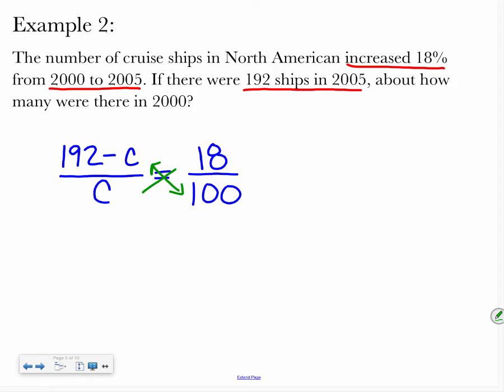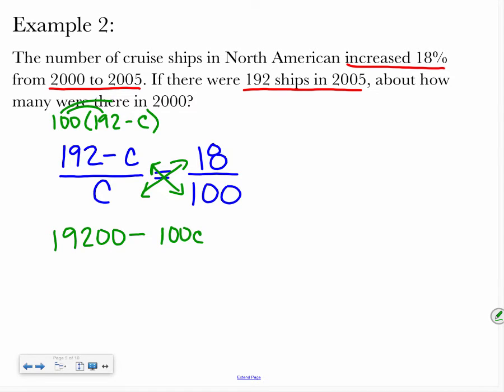And now we have our proportion set up. And so if we do our cross multiplication, we have 19,200 minus 100C. You might be wondering how I got that. Well, I took my 100 and I distributed it to both items in the parentheses, and then equals 18C.